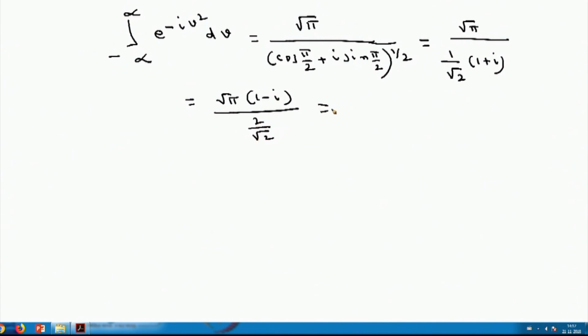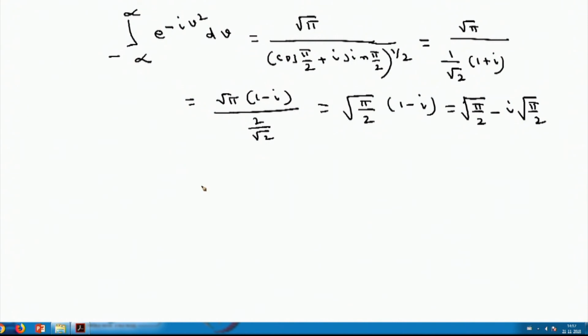So, this will become root over pi by 2 into 1 minus I. Effectively, you are getting the value as root pi by 2 minus I into root pi by 2.